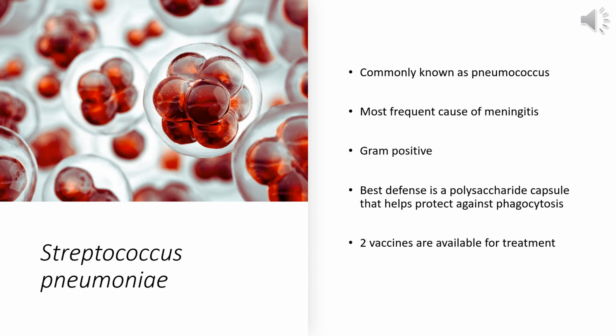The bacterium itself is gram-positive, which I went over in a couple PowerPoints ago, the difference between gram-positive and gram-negative. S. pneumoniae's best defense against our nervous system is a polysaccharide capsule that helps protect against phagocytosis. Currently, there are two vaccines available for this. That's as far as the updated medicine has gotten.